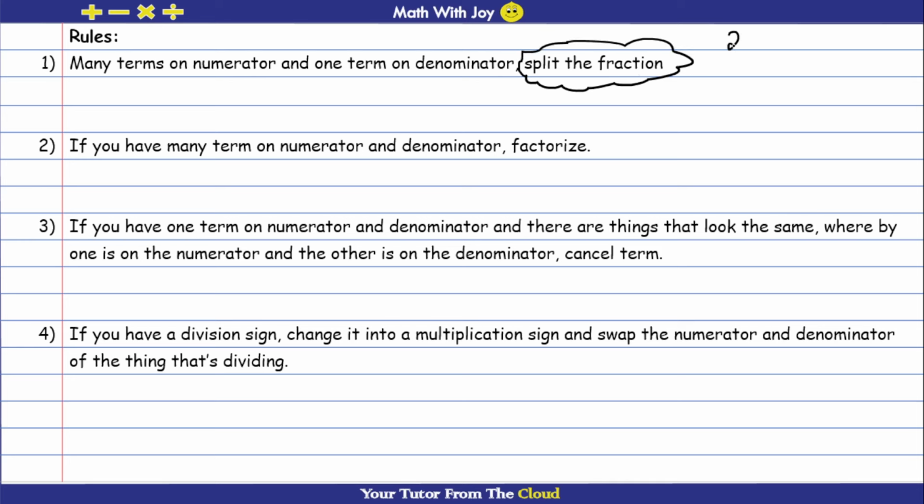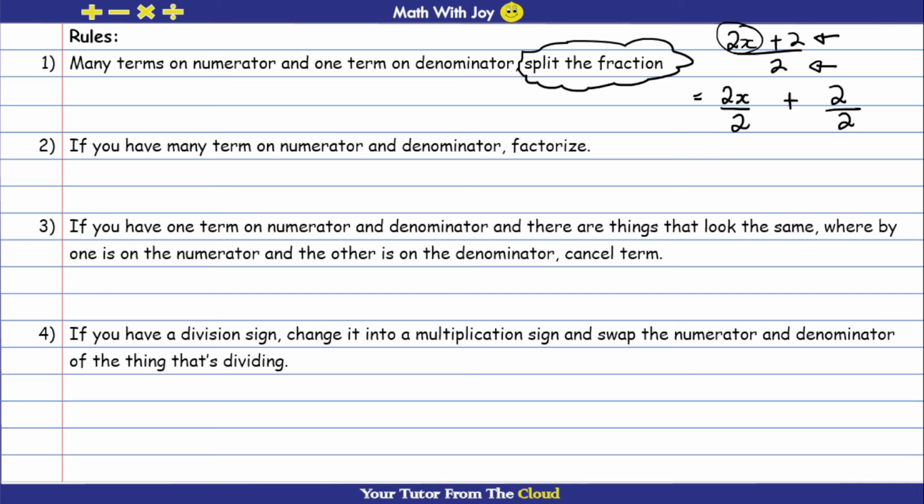If you have something like 2x plus 2 over 2, you have many terms in the numerator, which is above the division line, and one term in the denominator, which is below the division line. What you can do for this is just split and say 2x, put that over the denominator, plus 2, put it over that denominator. Very important that you understand this.